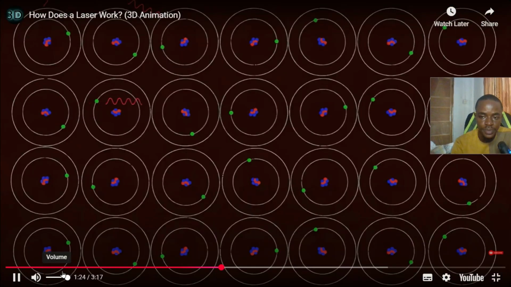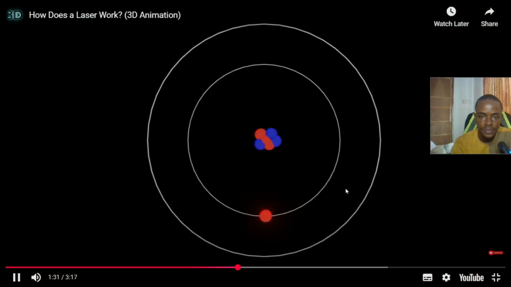Those photon particles are absorbed by the electrons present in optical materials like glass, crystal, etc. When the electron absorbs the photon, it gets into an excited state. So you can see, once this energy is released, it is produced in a stimulated form.